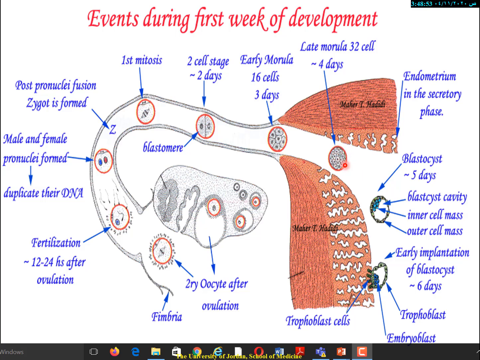Now as the morula reaches the uterus, look at the uterus here in the secretory phase of the menstrual cycle. The glands are tortuous here, the arteries in the cross section, we talked about it. So the uterus is ready for implantation.